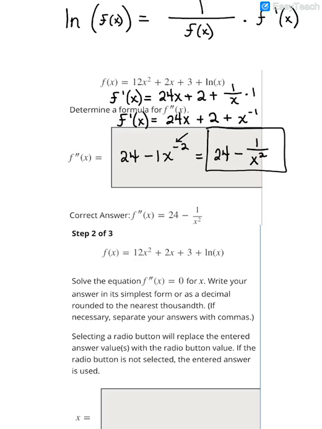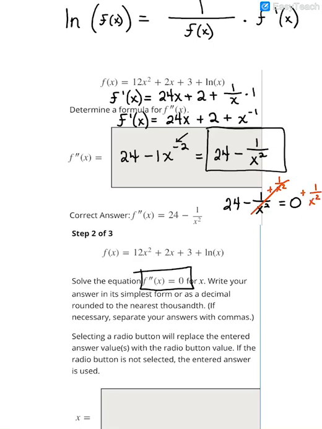Step 2 wants us to set that derivative equal to 0 so that we can solve the equation for x. So if we take 24 minus our 1 over x squared, and we set it equal to 0, I would add the 1 over x squared to both sides to cancel it there.